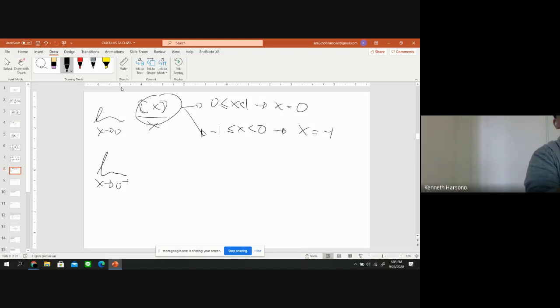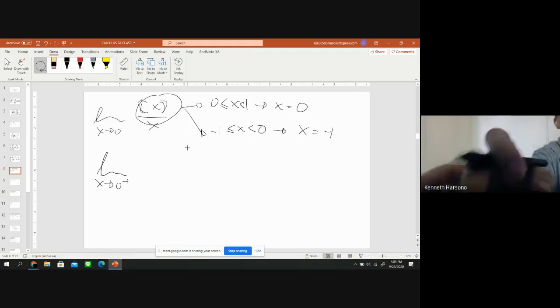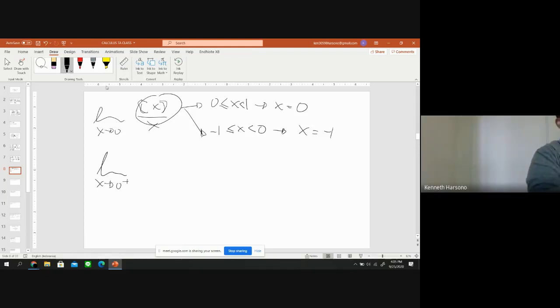So for 0 plus, it's between 0 and 1, right? It's greater than 0, so it's some small number like 0.0001. Then we can round it down to just 0, over something that's small enough but close to 0.